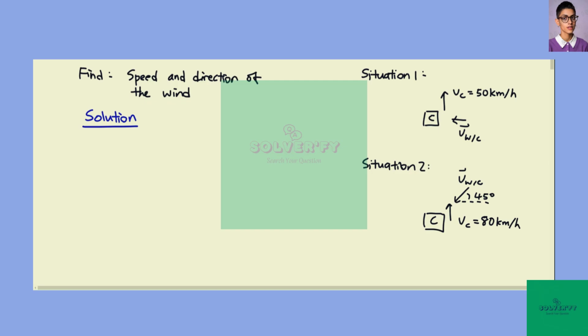Okay, so it's always good to write down the velocities in vector form because we can apply the definition easily.